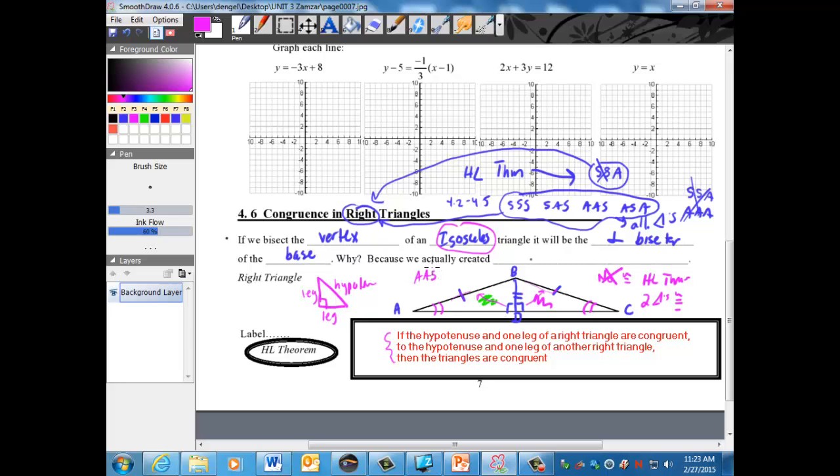So you see why the HL theorem will work, because it has 90-degree angles. And so these two triangles are congruent by angle, angle, side. But for now, we can just stick to the HL theorem, which in a certain sense is similar to SSA. And why are these two shapes congruent? Because we actually created two congruent triangles.